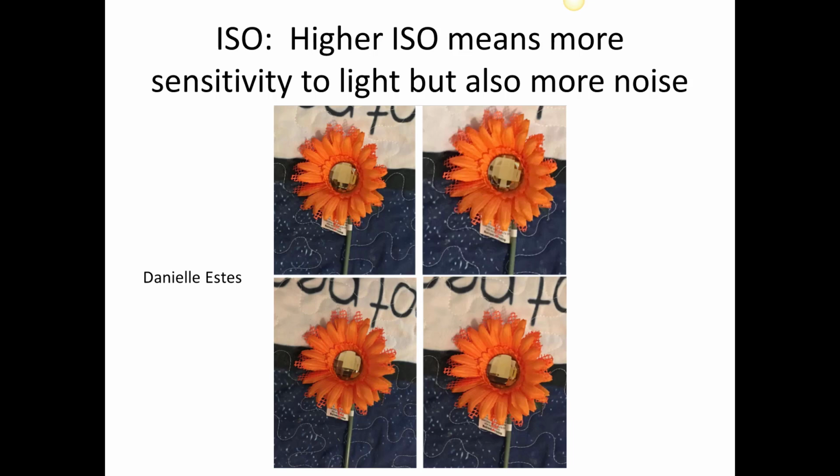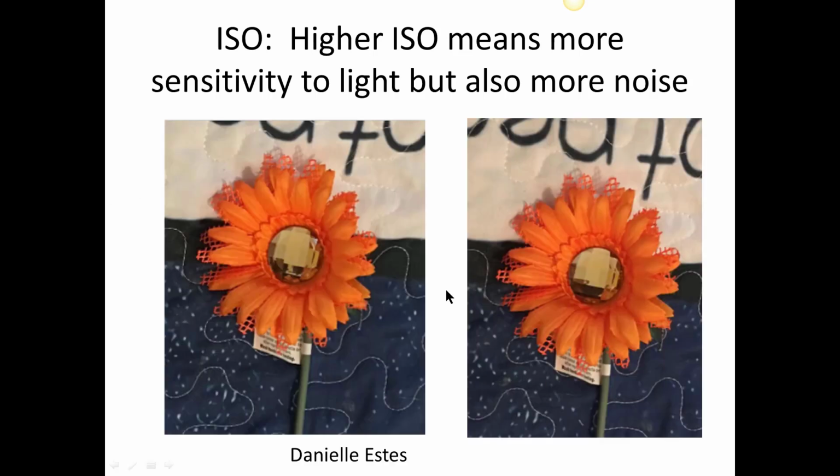Now, it's not bad, and Danielle has this sequence here, and it's not as great a difference as I might have hoped, but you can see going from the low to the high ISO does bring in a little more noise.